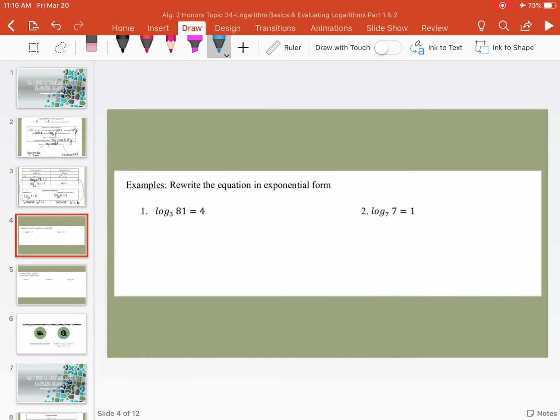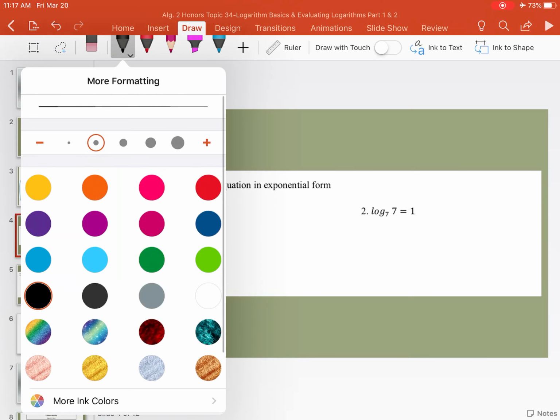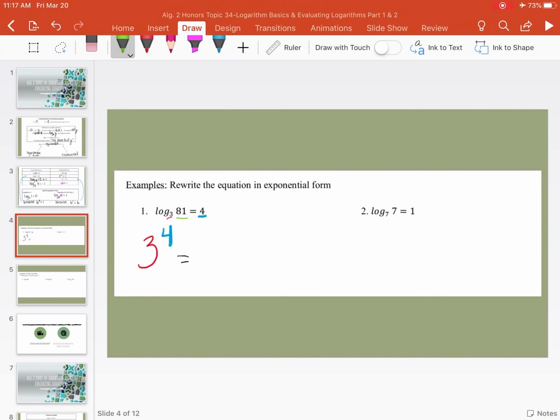Okay, let's move on to some examples. Let's rewrite the equation in exponential form, so it's given in logarithmic form. Here we have log base 3 of 81 equals 4. So this is the same thing. My base is 3, so 3 to the 4th power equals 81.